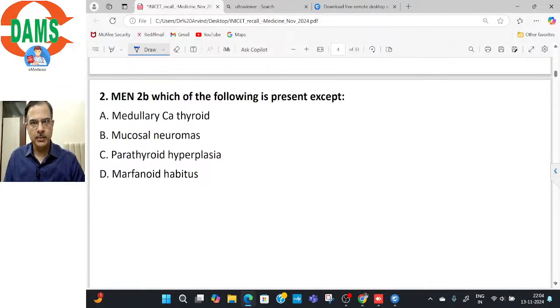This topic, multiple endocrine neoplasia, is one of the very frequently asked questions from the endocrine section. After diabetes, it is the most frequently asked. The question is about MEN2B syndrome: which of the following is present, all except. MEN is now classified into 1, 2, 3 and 4.